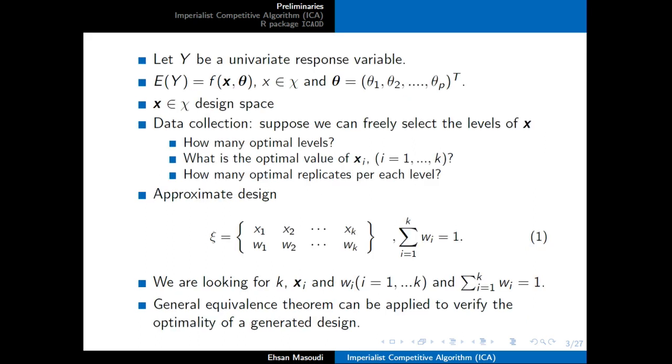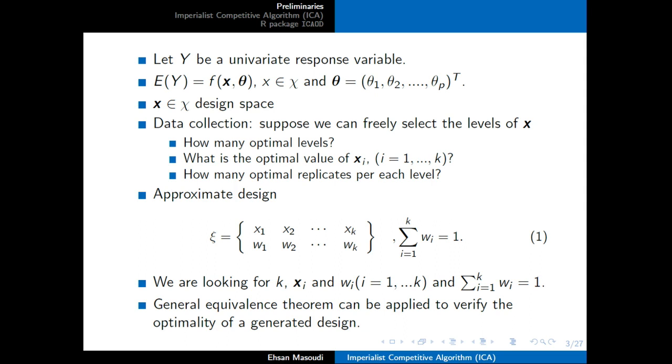So I should know how many optimal levels of the independent variable I can have, what is the optimal value of each level, and how many optimal replicates per level. In optimal design, we formulate these questions as an approximate design, which has the design points and the design weights, and it is a probability measure.